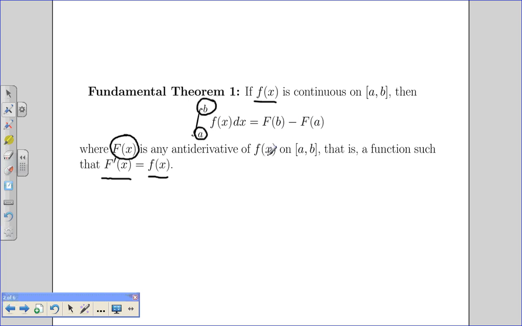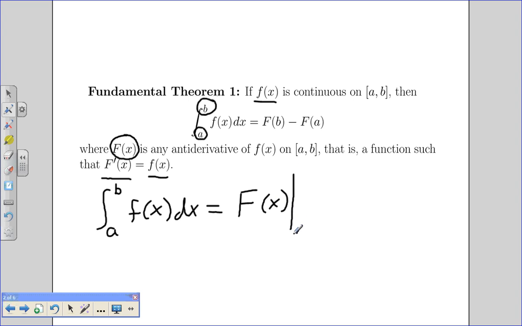Usually there's a notation step that we write in between, and it works like this. We take the integral from a to b of little f of x dx. We integrate that and we get big F of x, and then we draw a big vertical line and put a, the bottom number, at the bottom and the other number at the top.